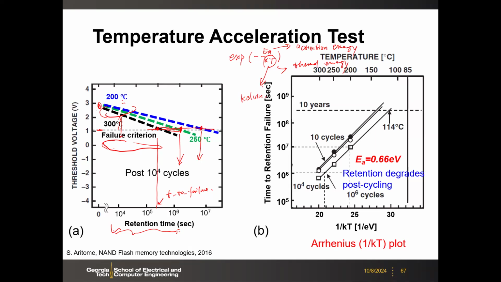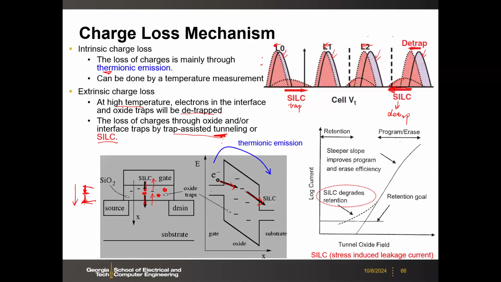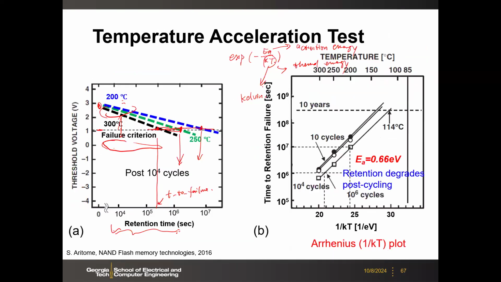So I think you will have some homework or maybe exam questions on this. I don't know if it's NAND flash. If it's not NAND flash, then in some later non-volatile memory, like RRAM or phase change, it's the same thing. Here, k is the Boltzmann constant, T is in Kelvin.